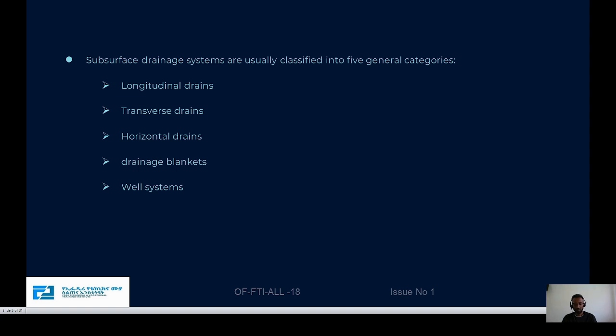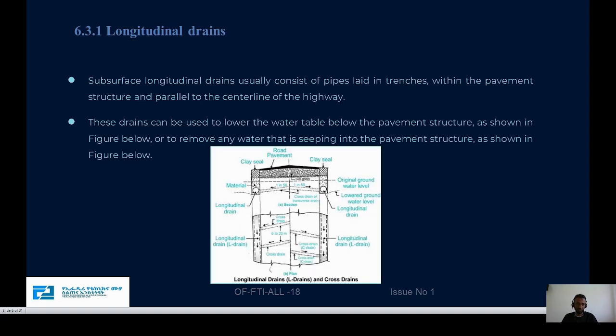Transverse drains are provided perpendicular to the center line, and horizontal drains mostly use perforated pipes. Drainage blankets will also be used, and other systems will also be provided. So we will discuss each of them.